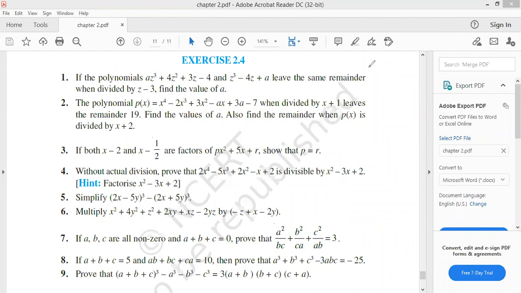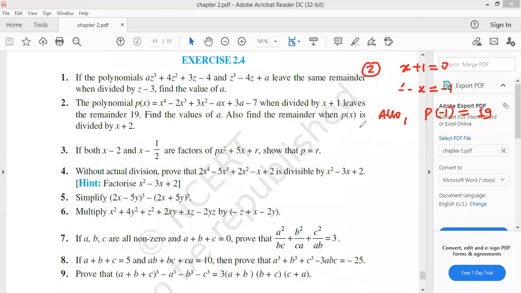So first of all, just substitute the value of x. X plus 1 is equal to 0, therefore x is equal to minus 1. Also here p of minus 1 is given as 19. If you substitute x equals minus 1 in the given polynomial, the answer will be 19.